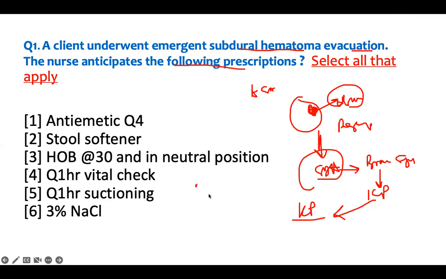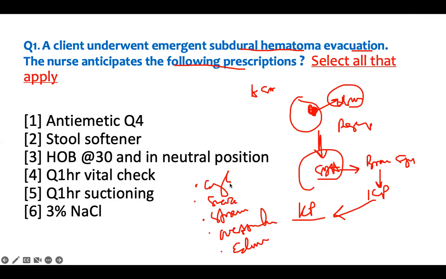You don't want them to cough, sneeze, or strain. And you don't want overstimulation. You want to prevent edema as much as possible. This is the content you're going to use to answer the question.